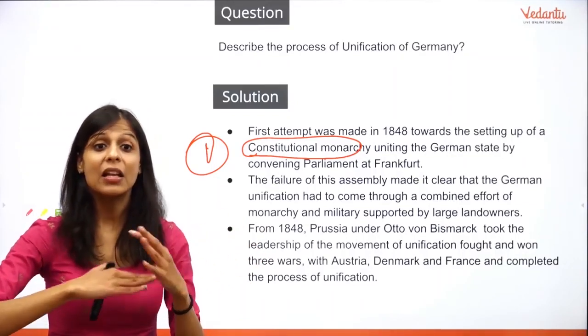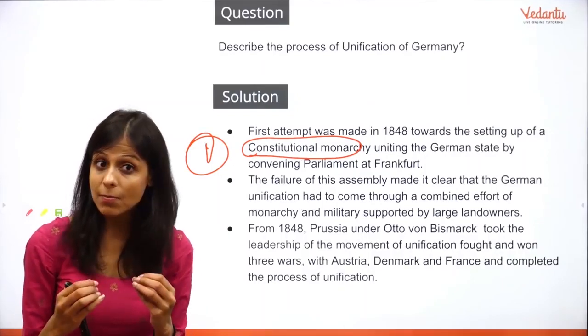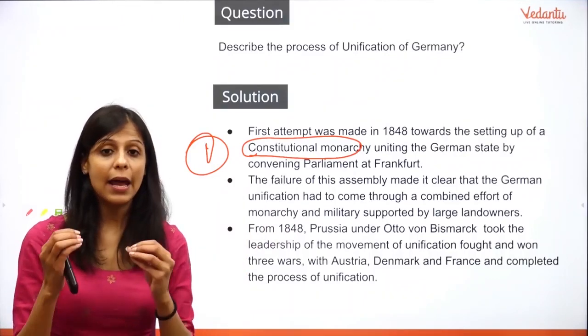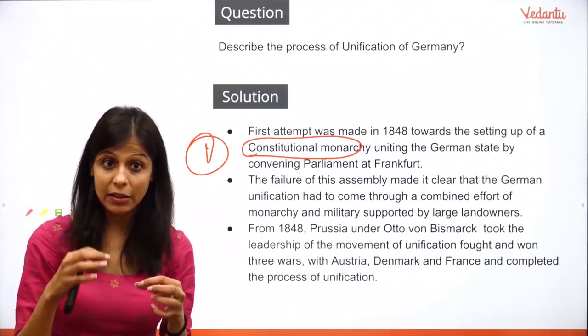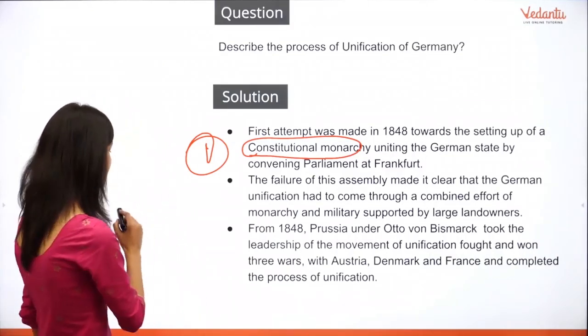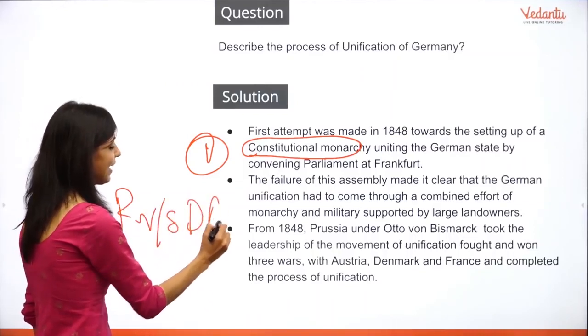And finally this effort was taken over by Otto von Bismarck from Prussia, who took the leadership of the movement to unify this country. And like I told you in the last question, it is Prussia versus DAF.